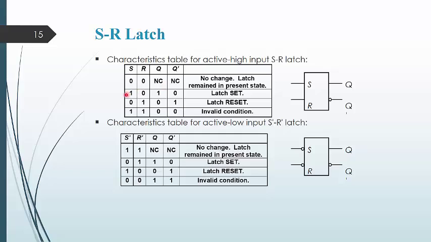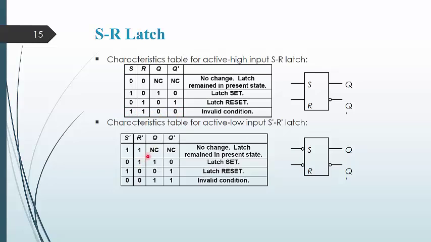When S input is 1 and R input is 0, Q is 1 and Q bar is 0, which is the set condition for the latch. On the other hand, when S is 0 and R is 1, the Q output is 0 but the Q dash output is 1, which indicates the reset state of the latch. But when both the inputs are 1, the invalid condition of the outputs, that is 0, 0, will happen.